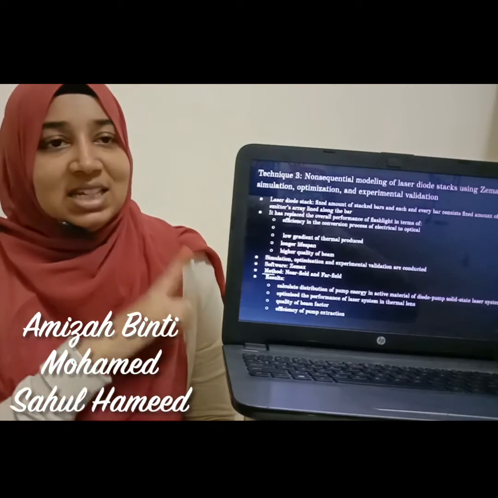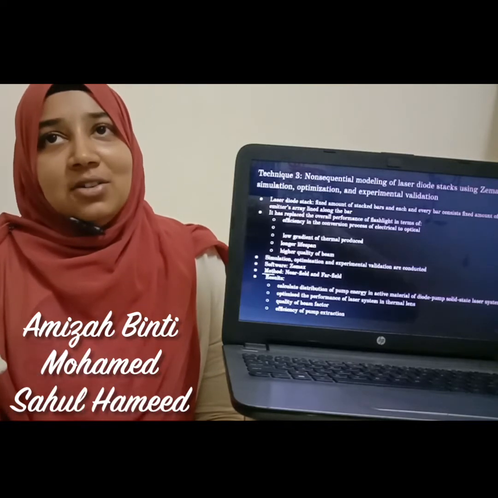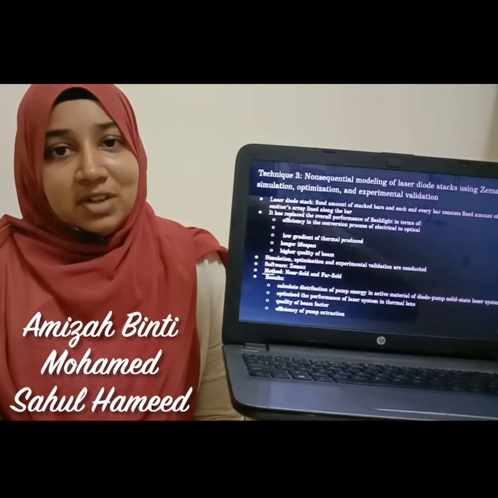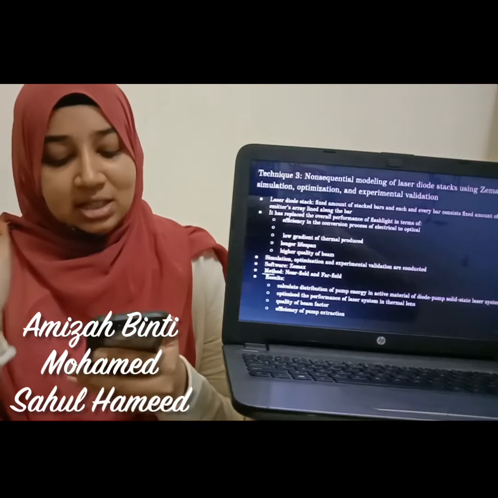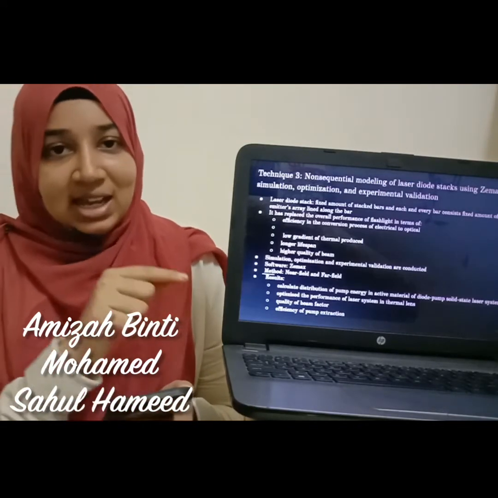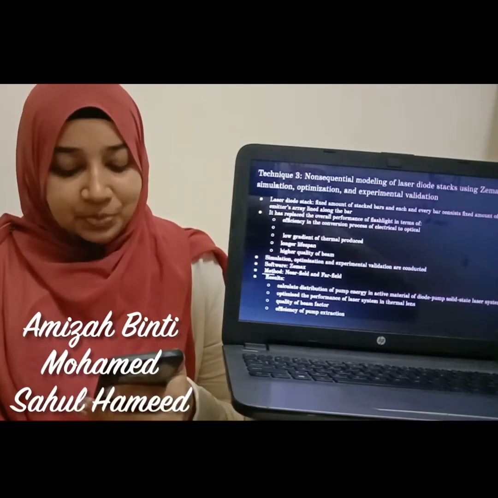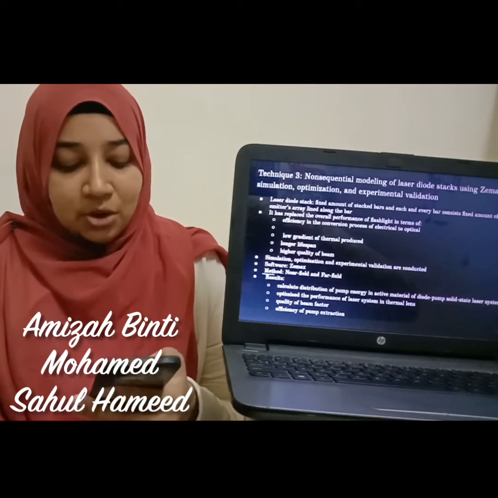Okay, and this laser diode stack technology has replaced a lot of the traditional flashlight technology, and it is proven that the laser diode stack has better performance compared to the traditional flashlight. Okay, why is it so?